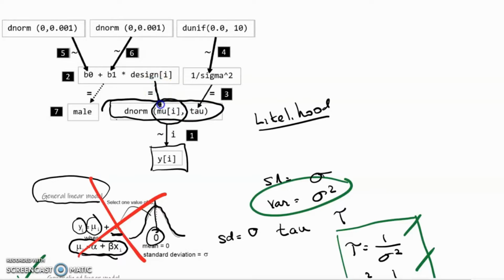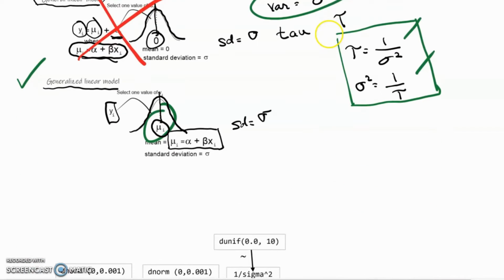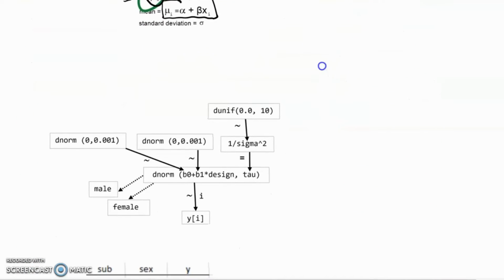Well, mu I is going to be equal to this strange looking beast here, B0 plus B1 times design. And so if this thing equals this thing, then I can just get rid of that and substitute in its place that thing. And so that's what I've done here.